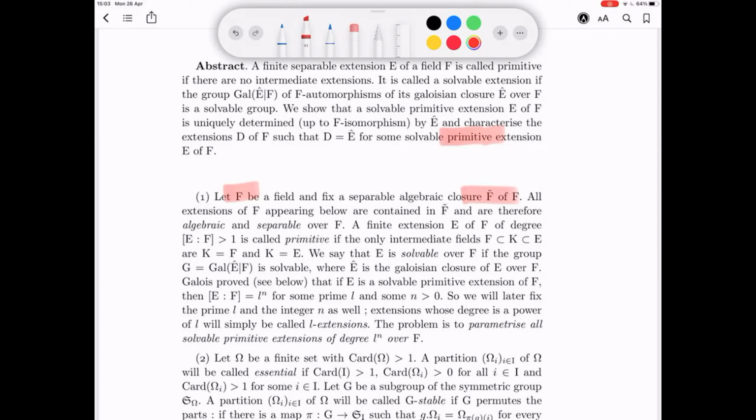Now, here is the important word, primitive.